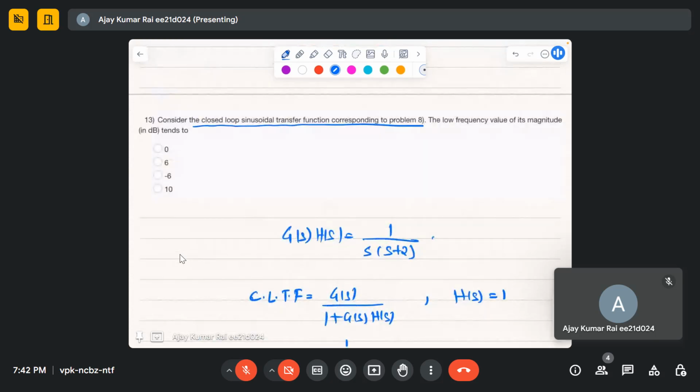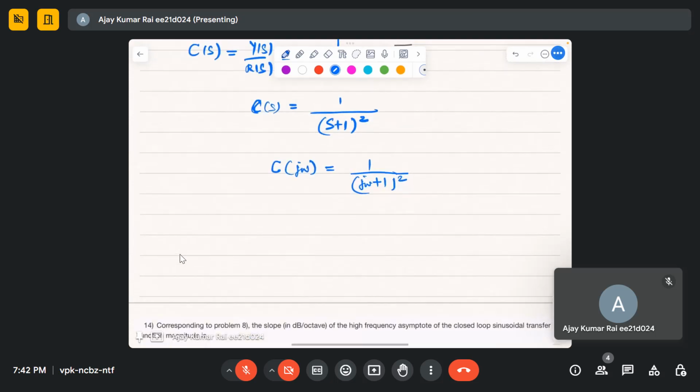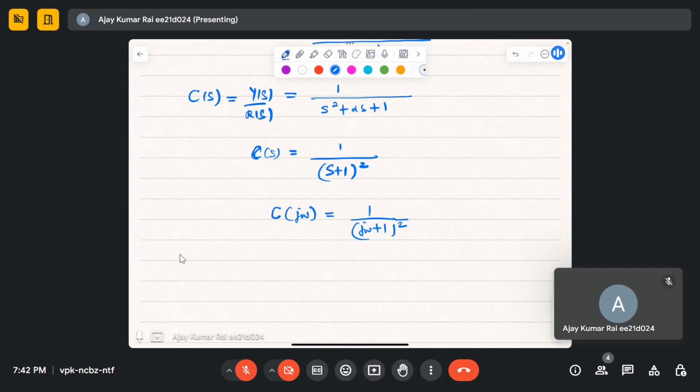Okay, and the low frequency magnitude in dB. Let's find the magnitude here. Magnitude is equal to 1 by omega square plus 1. I will do the steps.